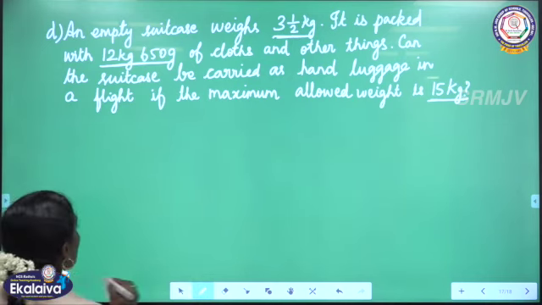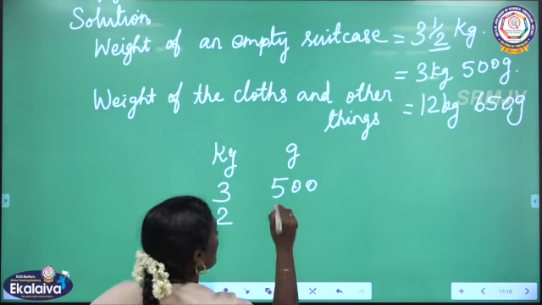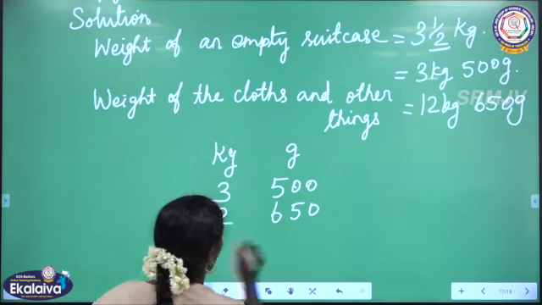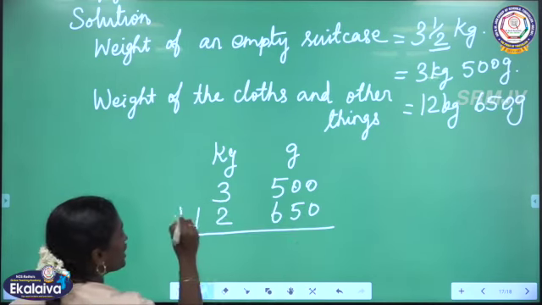Now, to find the total weight of the suitcase, we are going to add these two weights. So, first we have to arrange it column wise, kilogram and gram. So, 3 kilogram and 500 gram. Then 12 kilogram. 12 is a 2-digit number, so we have to arrange it in ones place and tens place. Then 650 gram. Now we have to add these two.